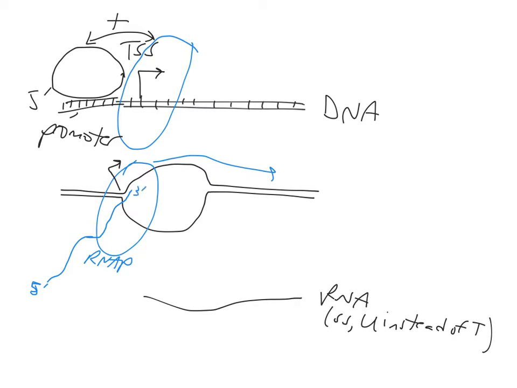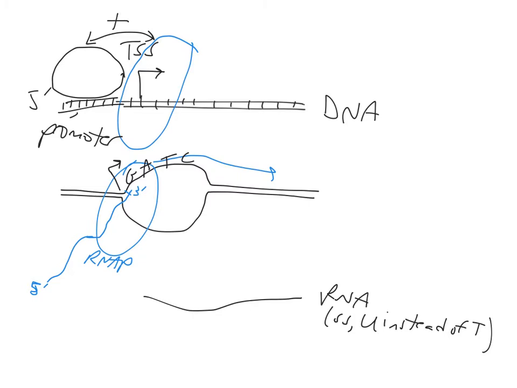and the way that RNA polymerase knows what nucleotide to add is because it's reading the DNA sequence and it's sticking in the complementary nucleotide. So what's the next nucleotide RNA polymerase is going to add to the 3' end?